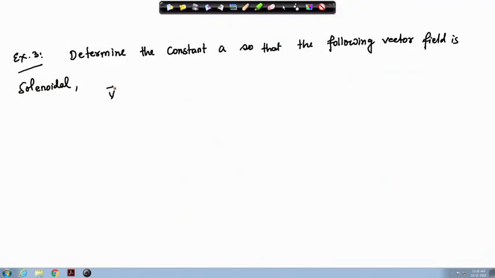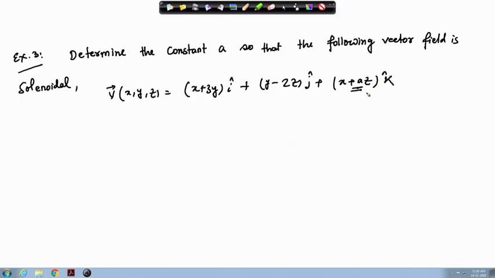So, V of x y z equals the given vector (x plus 3y) times i plus (y minus 2z) times j plus (x plus a z) times k. So, we have to determine this A here, so that this vector field will be solenoidal. So, this is our given vector field.